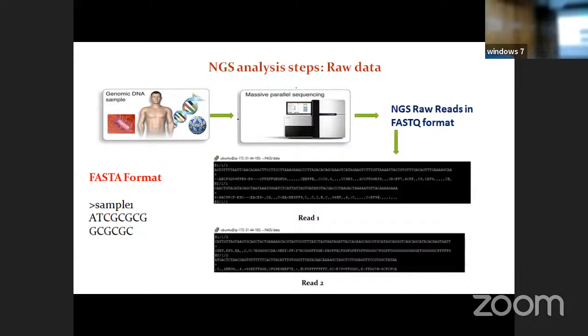That is represented by a value called the Phred score. Phred score 30 means base call quality is 99.9%. Phred score 20, base call quality is 99%. Phred score 10, base call quality is 90%. This is what you need to remember.